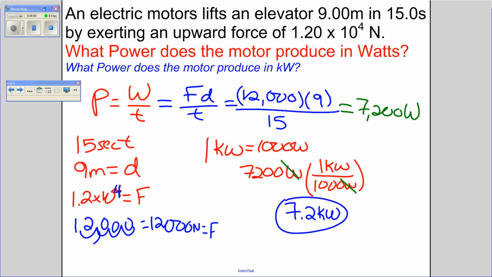So that's your kilowatts, and that's your watts. So it's just a small step up from what we've been doing with work. We're just taking work and dividing by time, and that gives us power.